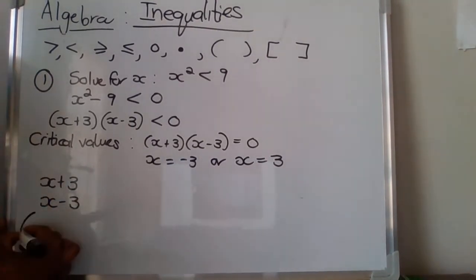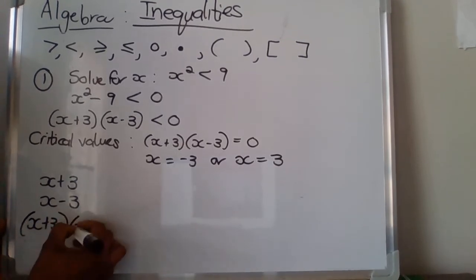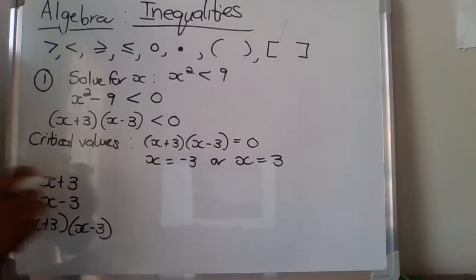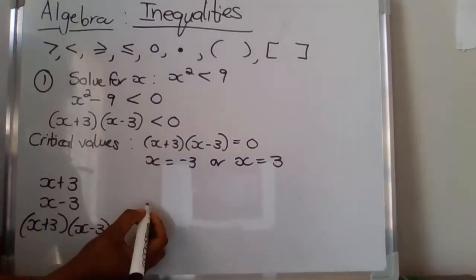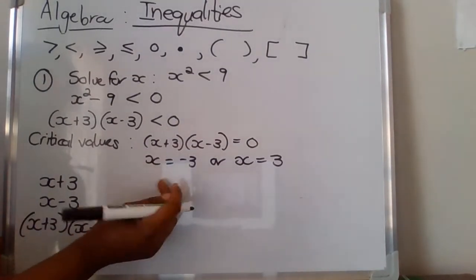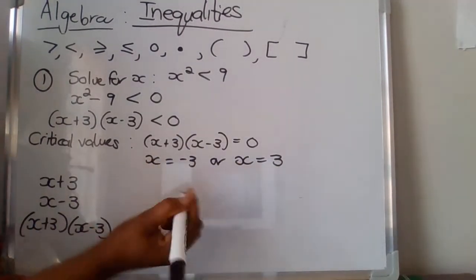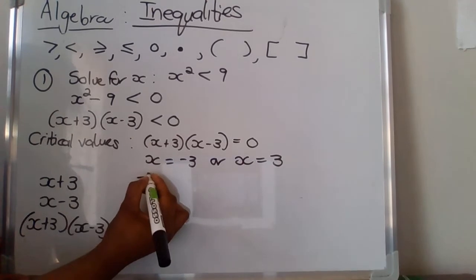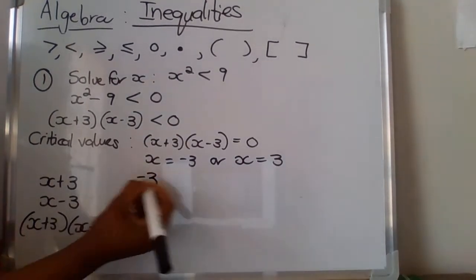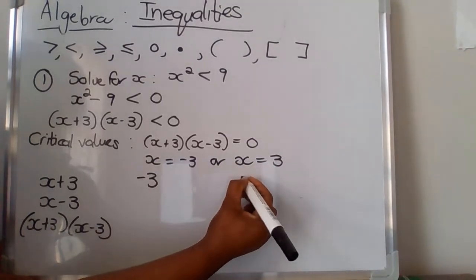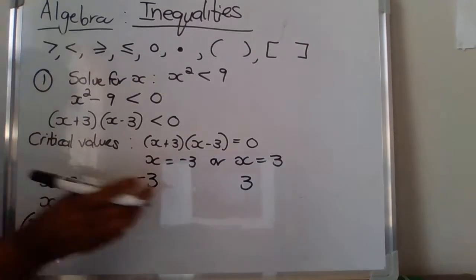And then when I multiply the two together, what happens? Because ultimately that's what I want to know. Then I put this in order, so from smallest to largest. So I put my first critical value where x equals minus 3, and the next one where x equals 3, okay?